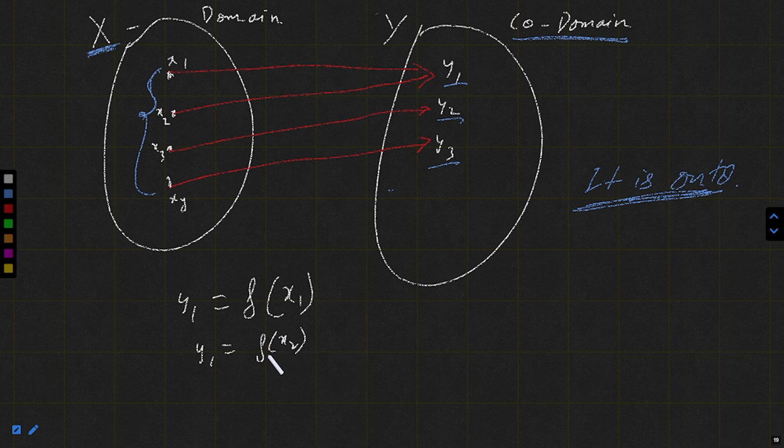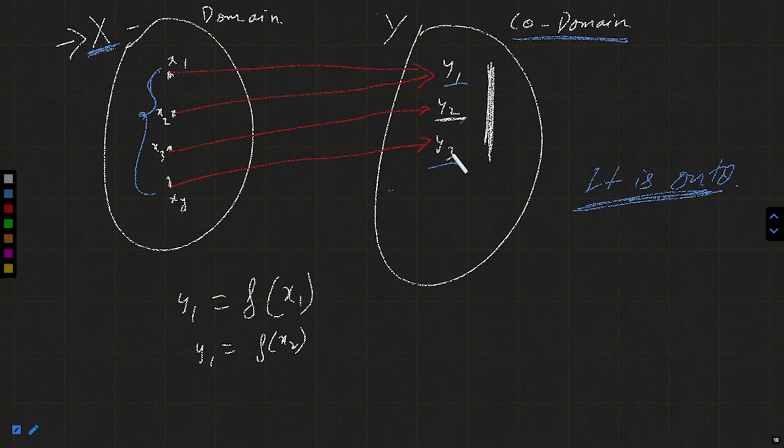Such a thing must be happening for every element you pick. So there exists x from the domain set such that f of x1 is equal to y1.